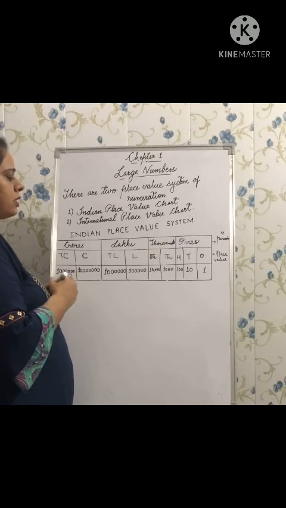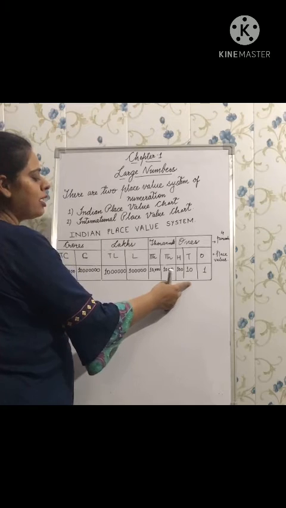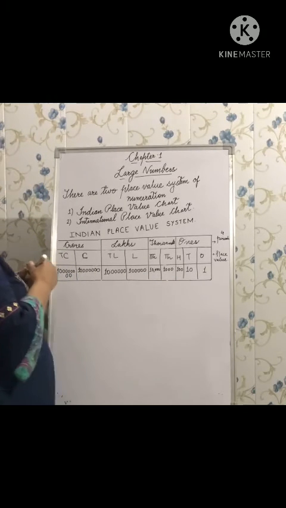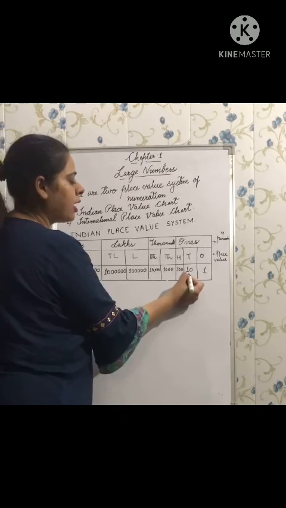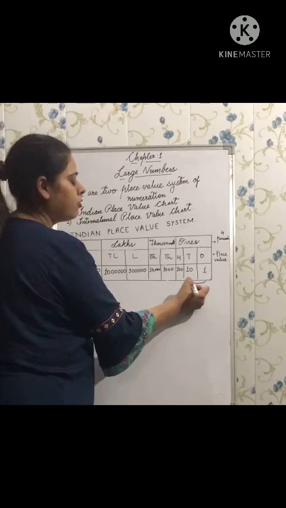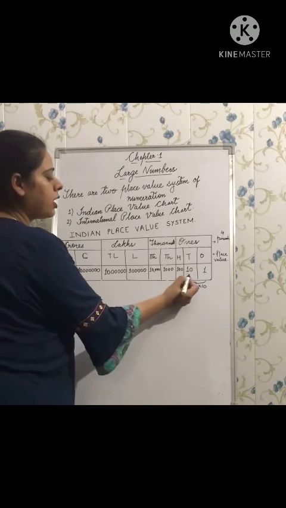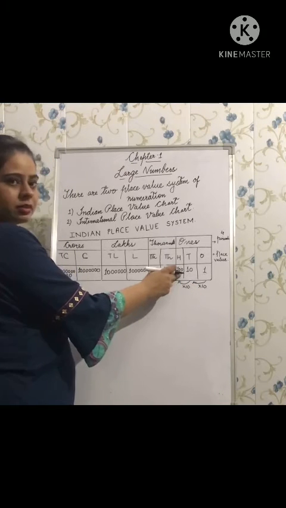Now, as you can see, whenever you are moving from right to left side, the 0 is increasing. Suppose here it is 1. 1 multiplied by 10, it is 10. Then 10 multiplied by 10, it is 100.